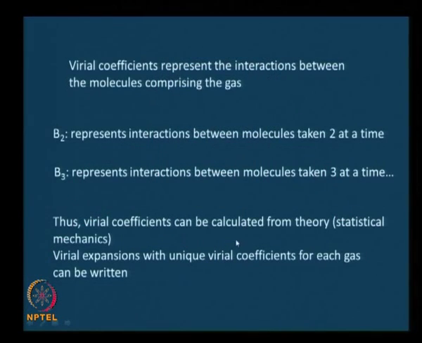So from very basic theory, we can calculate B2 and B3. Here I am not going to show you those calculations, I am just going to probably present the expressions later on. And as mentioned earlier, virial expansions with unique virial coefficients for each gas can be written. Therefore, B2, B3, B4 and so on are going to be different for different gases.